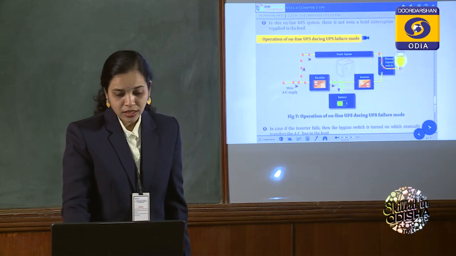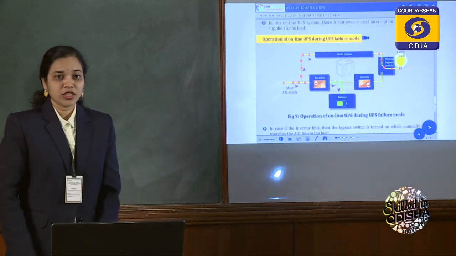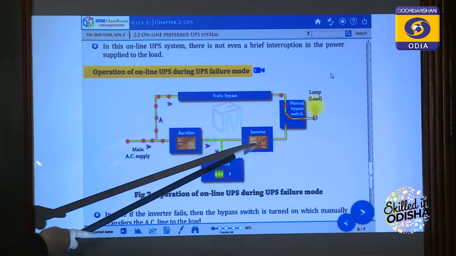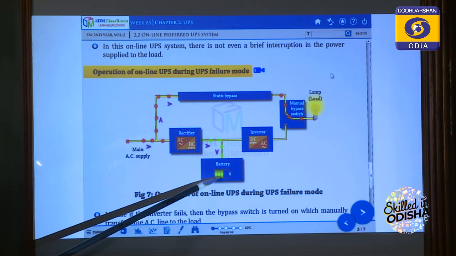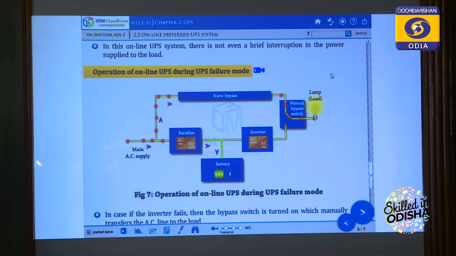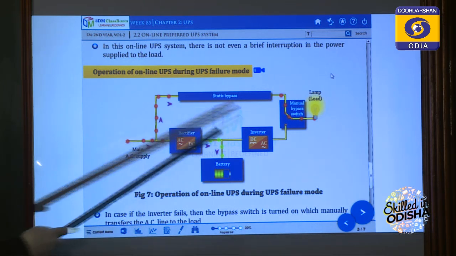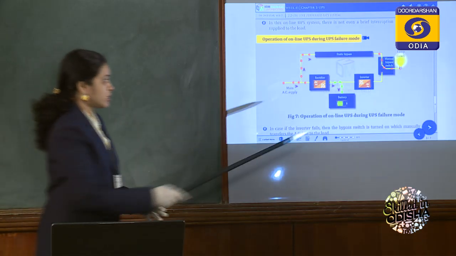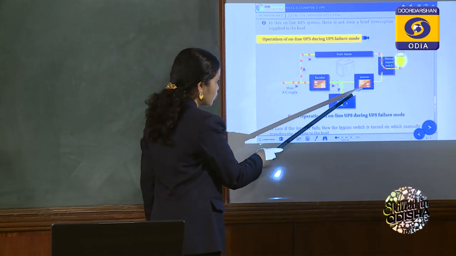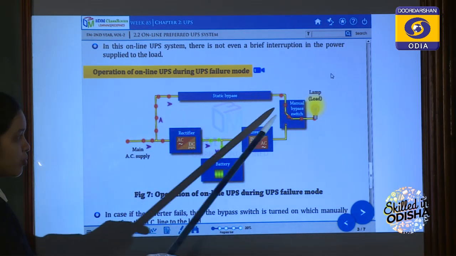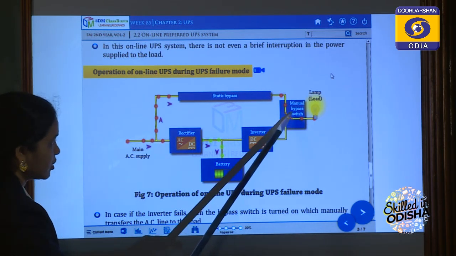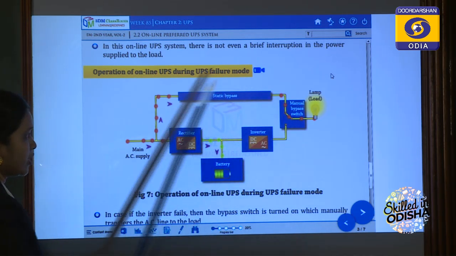The third is UPS failure mode. When our UPS fails, or some interruption occurs in the inverter or battery, or the inverter or battery system is not working properly, at that time we have to manually switch the manual bypass switch from the inverter line to the main supply.